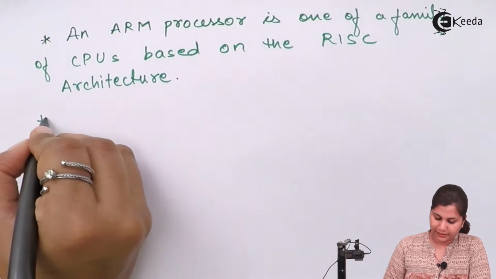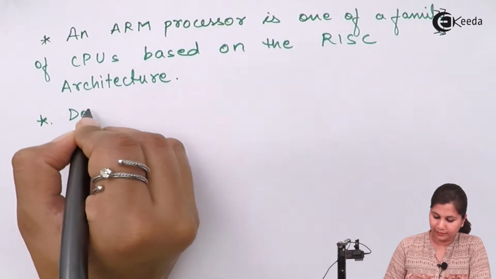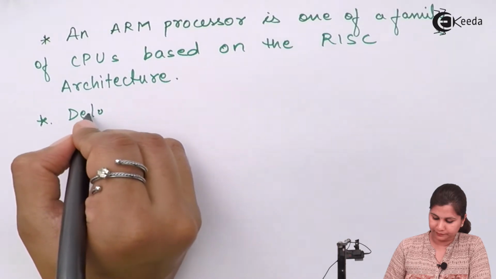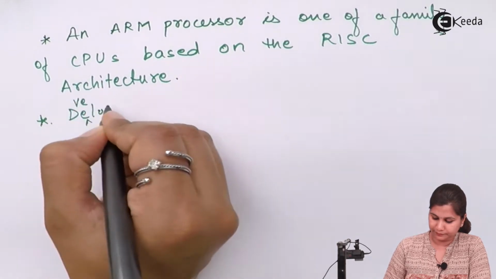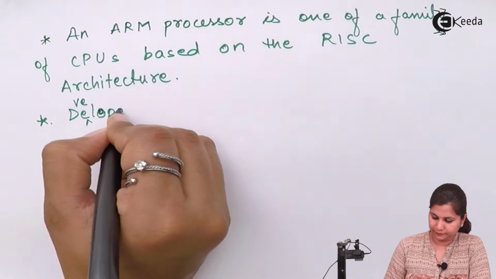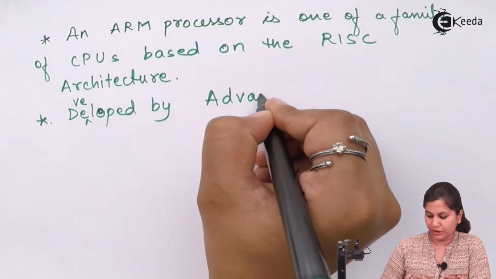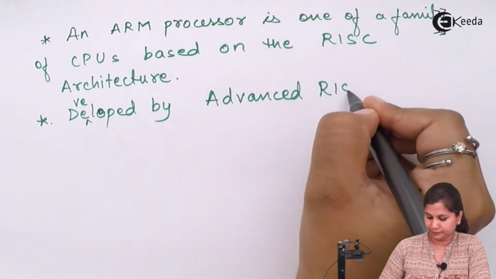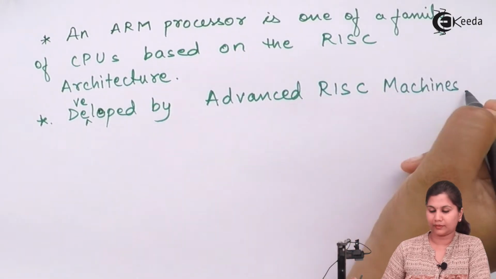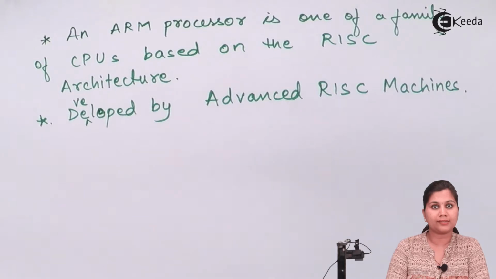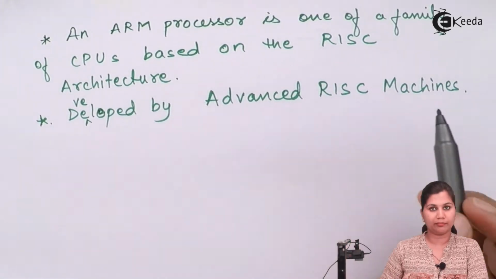Now this ARM processor is developed by Advanced RISC Machine. This corporation was first called Acorn RISC Machines, and after that it was renamed as Advanced RISC Machine.